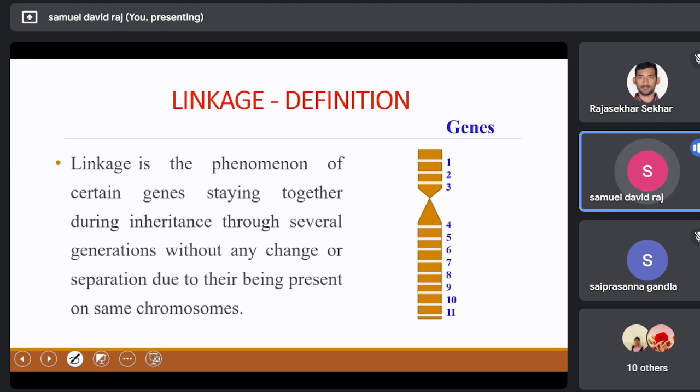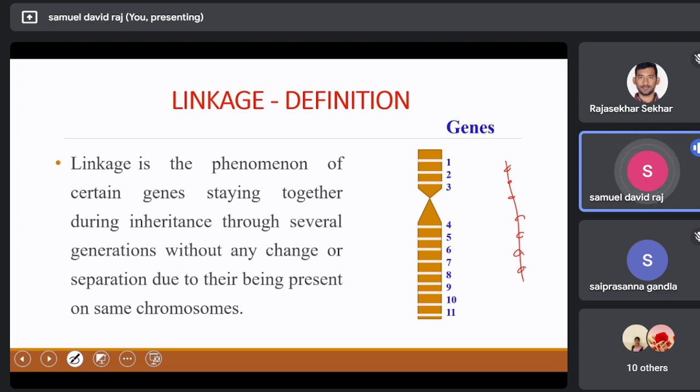Okay. So I have a string to which I have added certain beads. What happens when I take the string with me? All the beads present on the string also come along with the string.